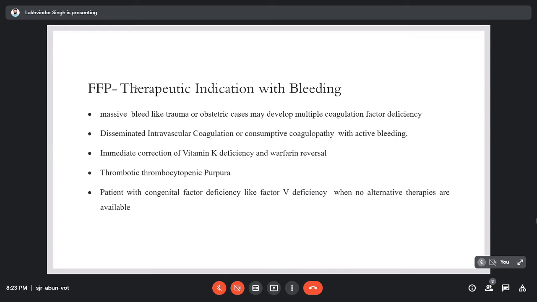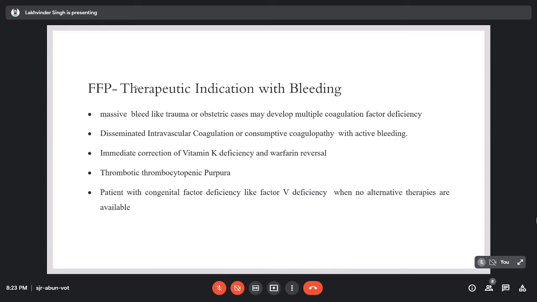It causes multiple coagulation factor deficiency. Also, when there is a lot of blood loss, tissue hypoxia occurs, acidosis occurs, hypothermia occurs. That again worsens the coagulopathy. So to reverse it, we have to give fresh frozen plasma.